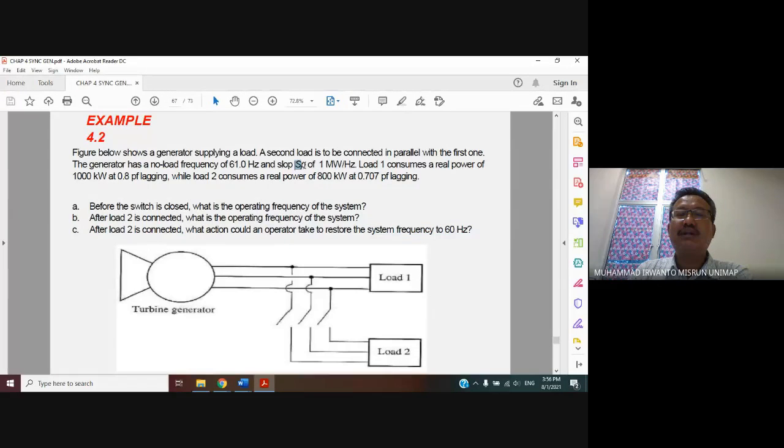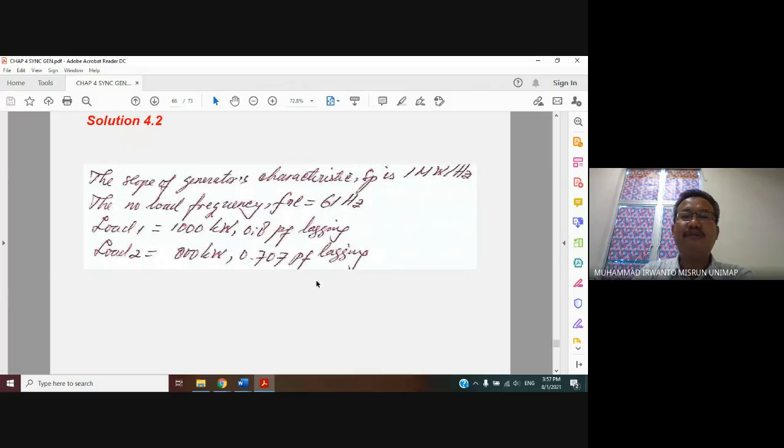From here, slope of power frequency is 1 megawatt per Hz. And then the power for load 1 is 1000 kilowatt, and the second is 800 kilowatt. Meaning the total power here is 1000 kilowatt plus 800 kilowatt, equal to 1800 kilowatt in total.